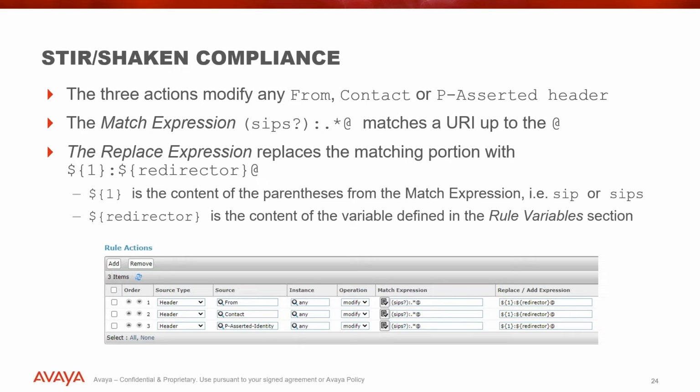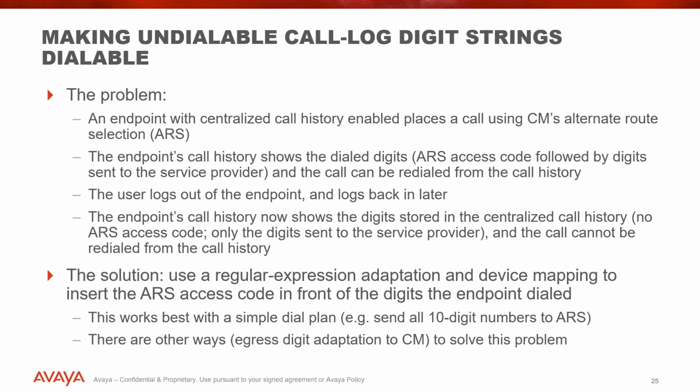So now we've changed the from, contact, and PAI to point at the redirecting station rather than the original caller. So that's the STIR/SHAKEN example.